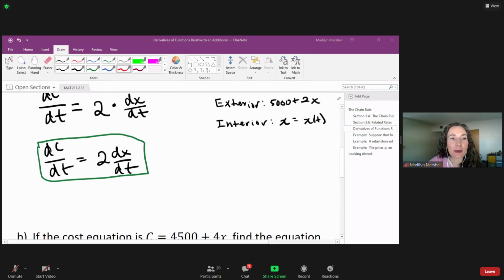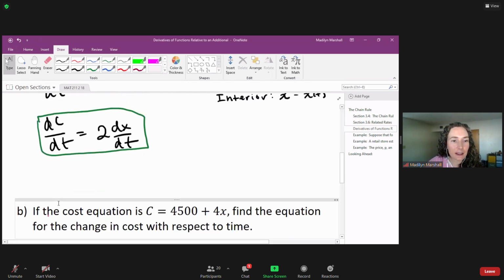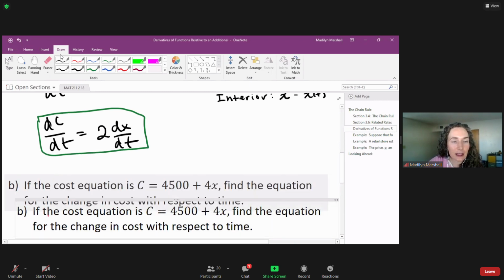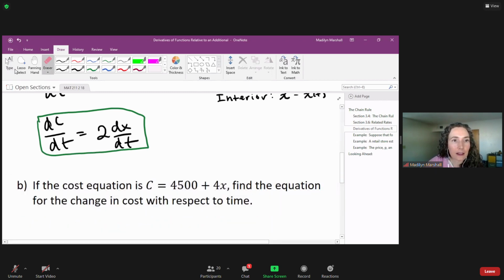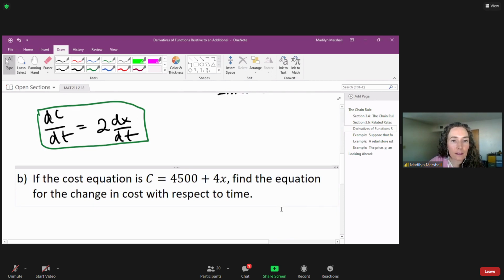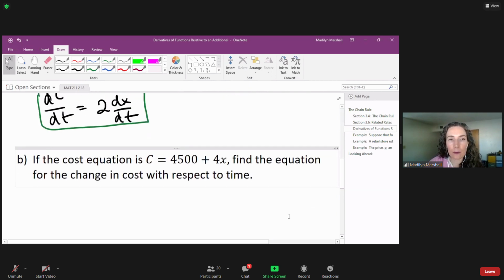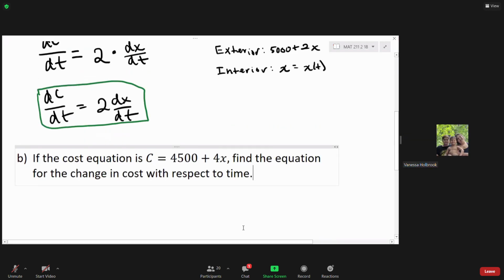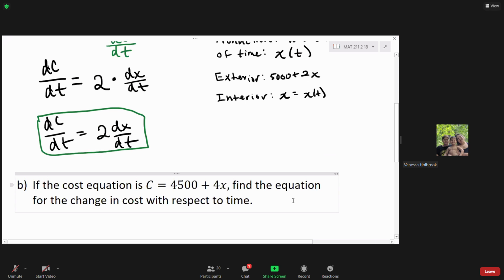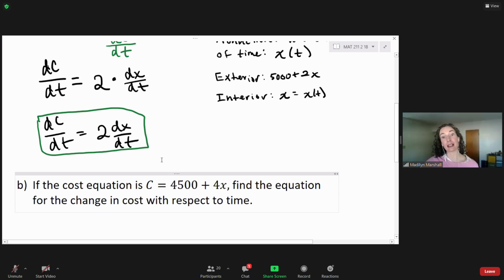Let's do another one. Leave that one up as a reference. So would it be 4 dx dt? Yes, exactly.